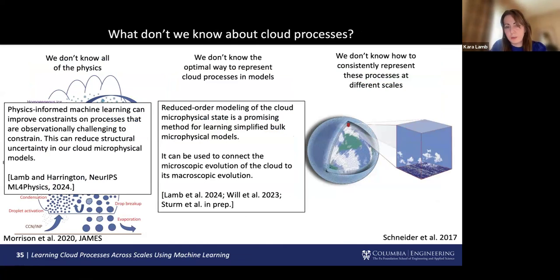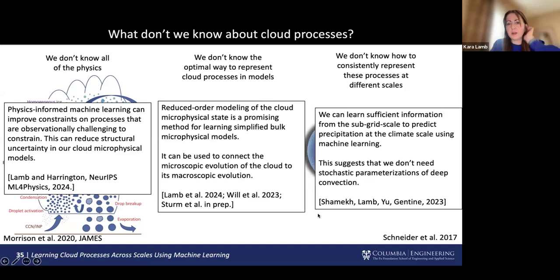These approaches also seem quite promising for looking at how we can connect the microscopic evolution of clouds to their macroscopic evolution. And then finally, I talked about some work on how we can improve our ability to predict precipitation at the climate scale by improving deep convective parameterizations.